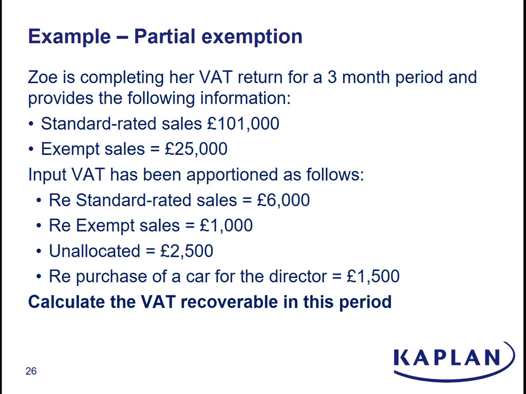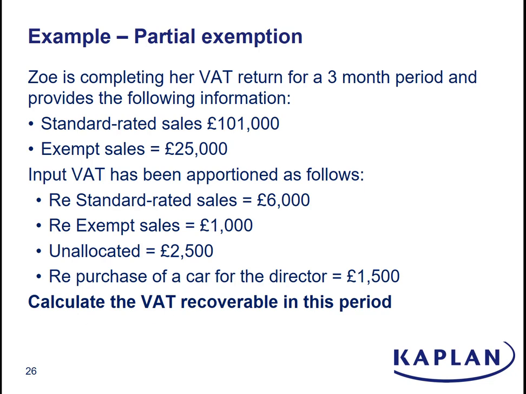Some of her input VAT, she can see, is on items directly attributable to her exempt sales, and the input VAT on those is £1,000, but she also has some unattributable, unallocated, we sometimes call it residual input VAT, £2,500, and there is also the VAT on the purchase of a car. And one of the things that hopefully you can remember is that input VAT suffered on the purchase of a car is not recoverable unless the car is for 100% business use, which is incredibly unusual, and it's not here.